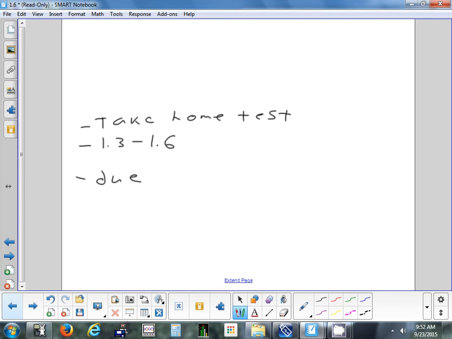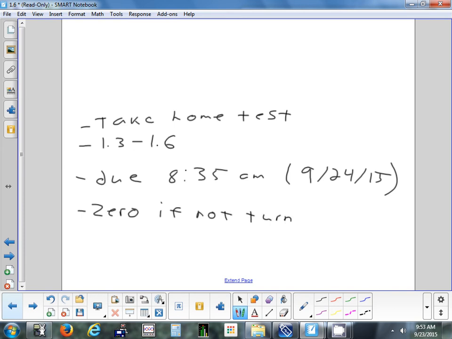It will be due by 8:35 tomorrow. If you don't have it in by 8:35, that's a 0. So you've got to make sure you turn it in by 8:35 tomorrow.